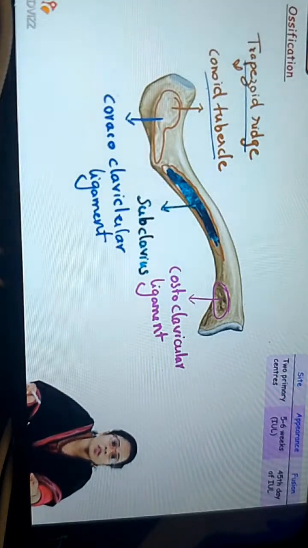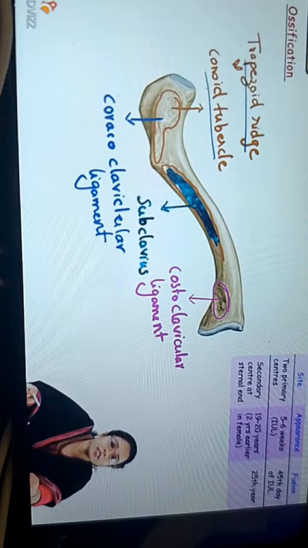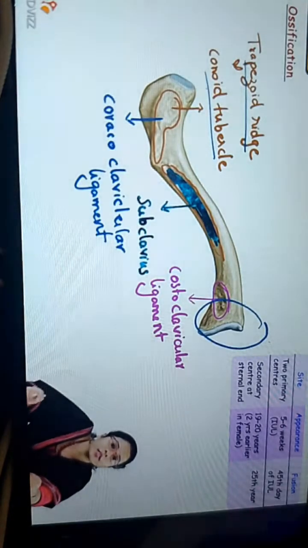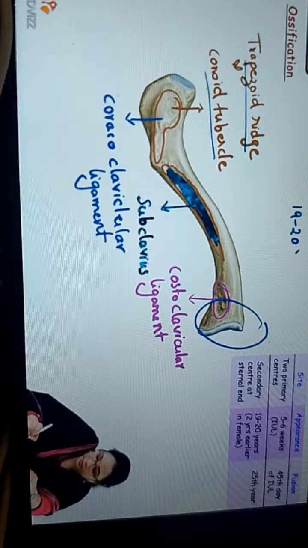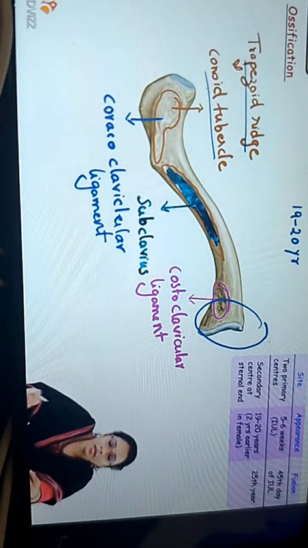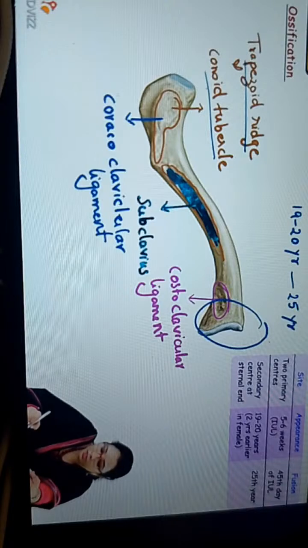The secondary center for the sternal end, the medial end, appears around 19 to 20 years after birth and fuses with the shaft by the 25th year. Primary centers fuse by the 45th day.